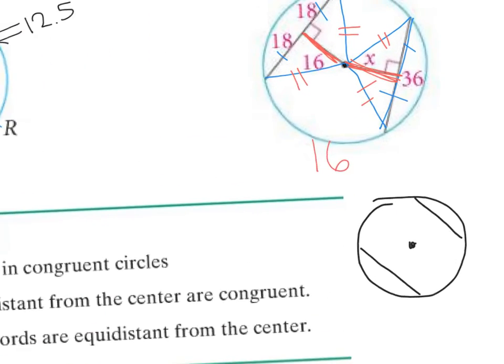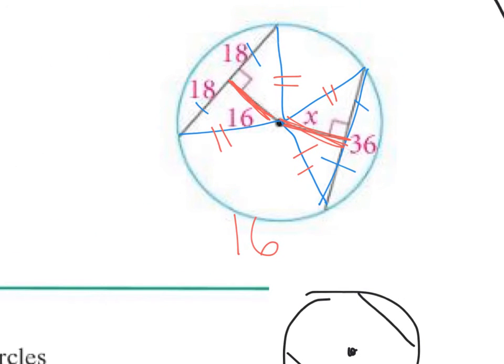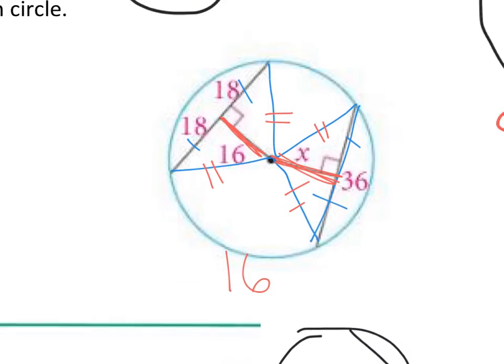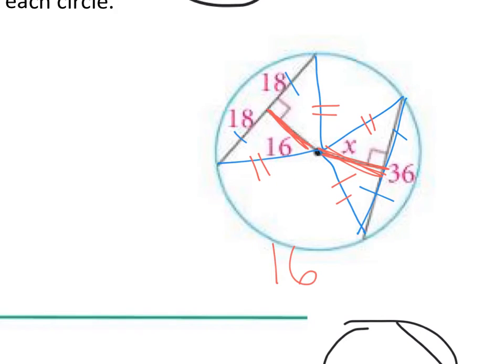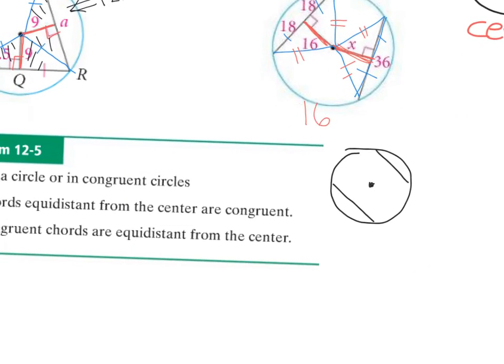So over here we kind of did the proof of it. If we know that these chords are congruent, then they have to be equidistant from the center. The shortest way to get someplace is perpendicular. So that's why we have this 90, and that's why these two are equal. So with this problem, we just proved the theorem down here.